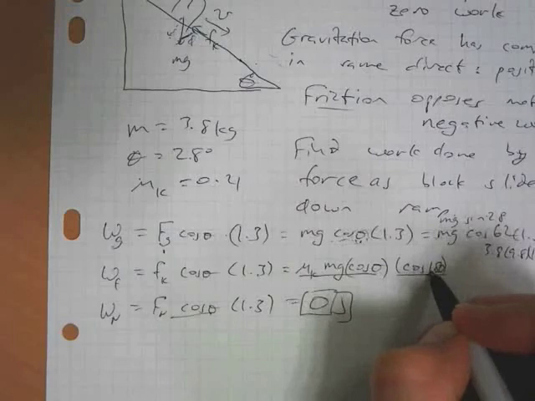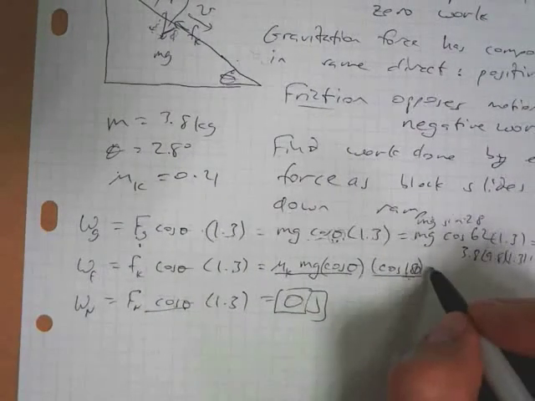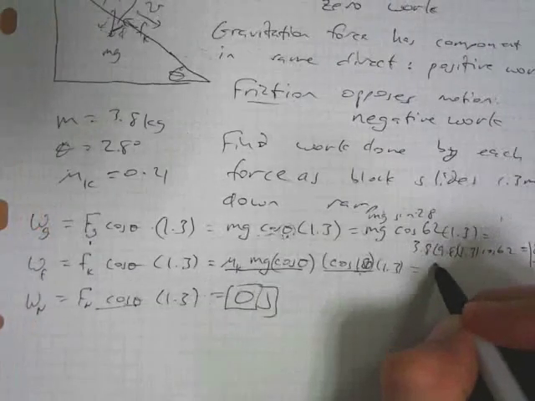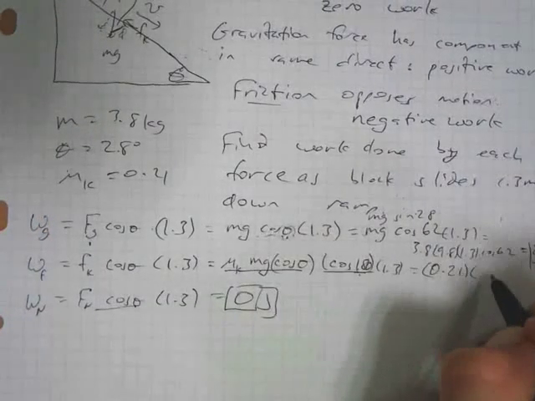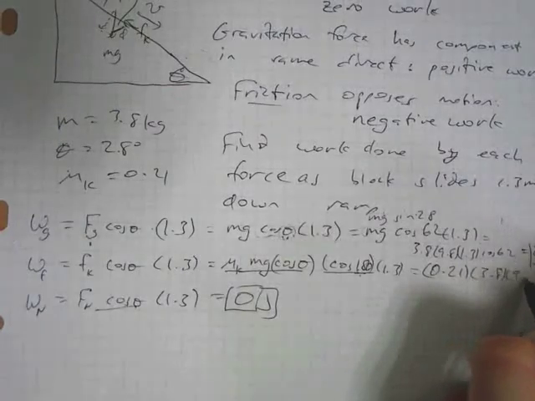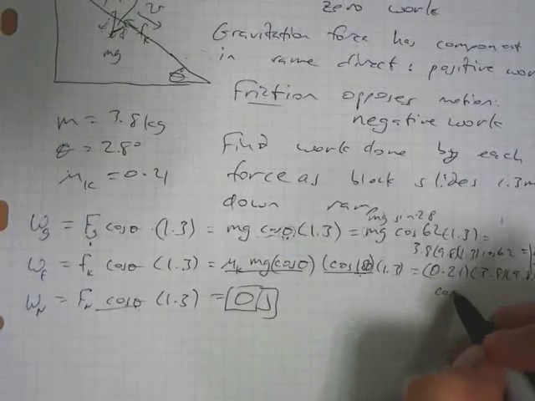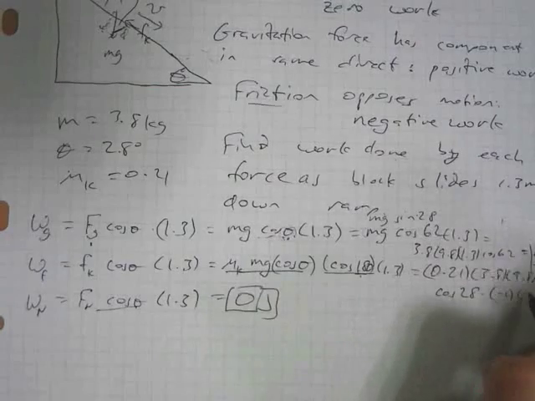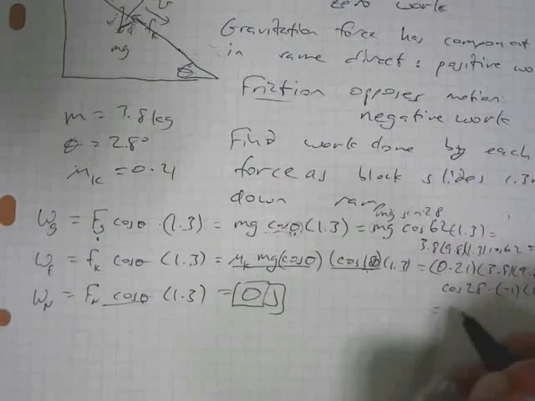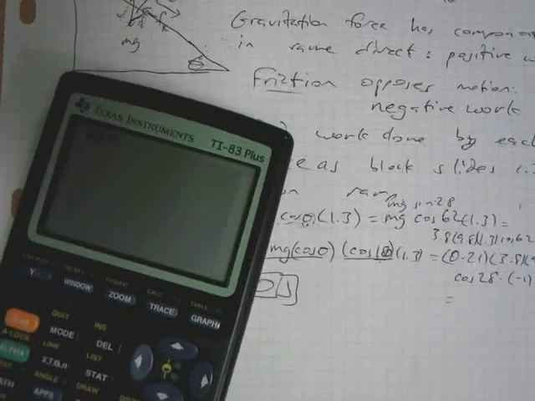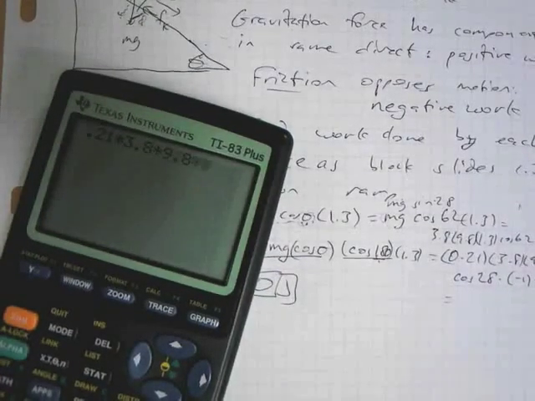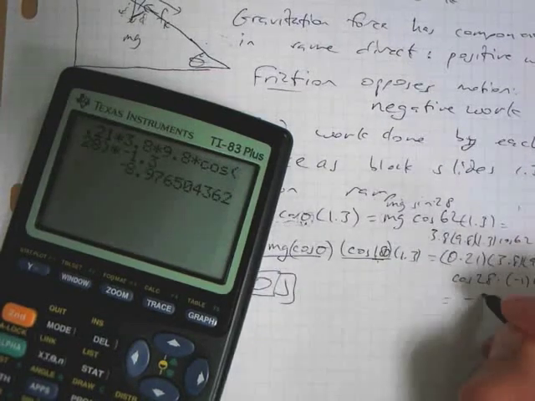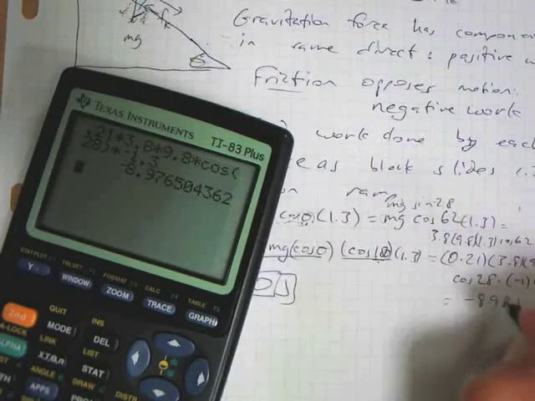That just gives us the -1 times 1.3. So that comes out to 0.21 times 3.8 times 9.8 cosine 28 times cosine 180, which is -1, times 1.3. And we can punch that in. And we get minus 8.98 joules of work done by friction.